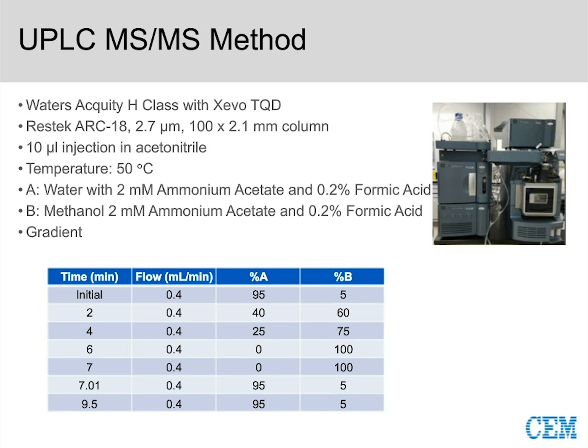We ran a Restek column, and we were also spiking with Restek standards, and we based this method off of a Restek application note. We did a 10 microliter injection. Our column temperature was 50 degrees C, and we did a gradient of water to methanol.